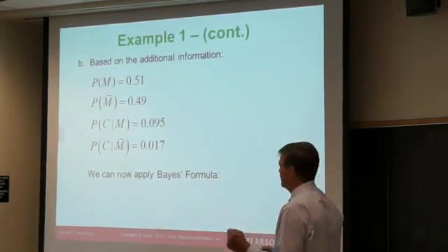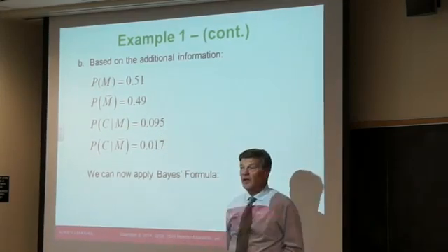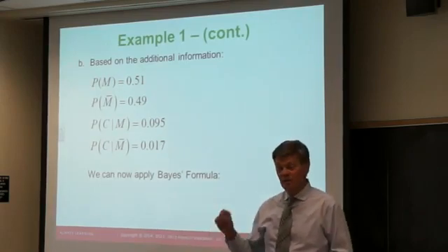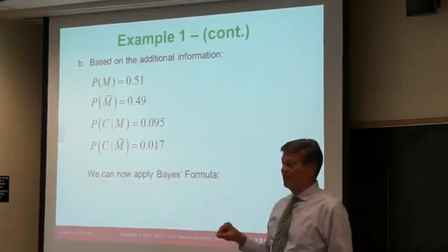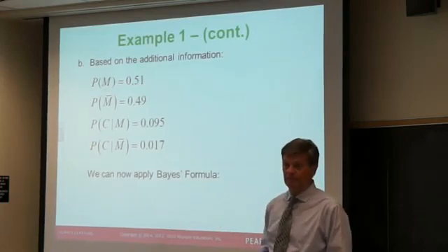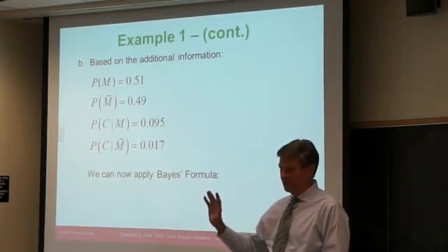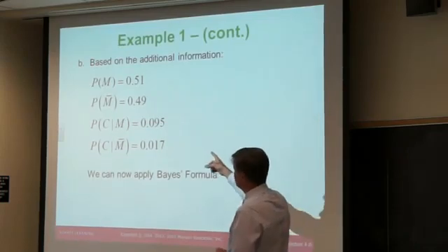Excellent. That's exactly what it means. And we've been told that's 9.5% or 0.095, right? That 0.095 is the probability that a person smokes a cigar if you know that person's a male. Okay? That's an important skill. Translate that English into the symbols here.